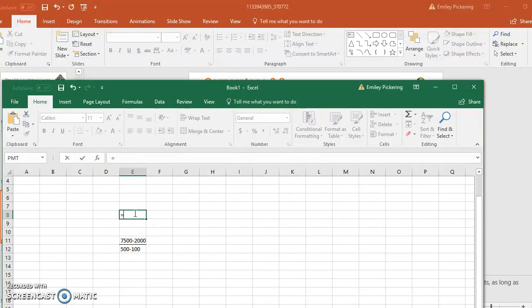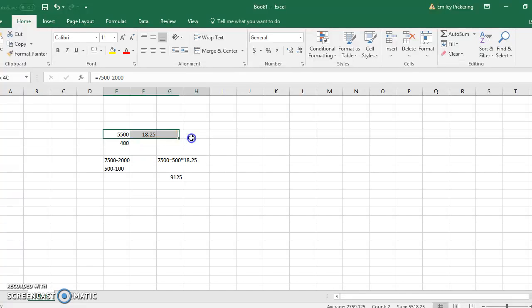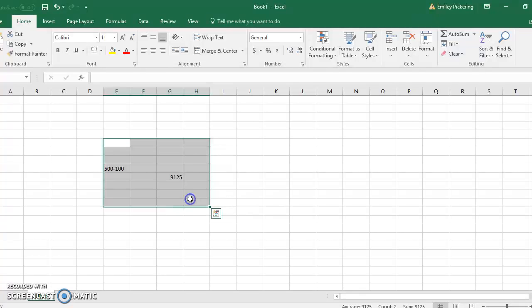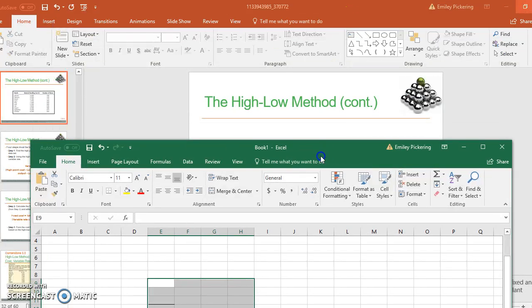So let me see if I can do this in Excel here. Okay, so let's do this formula and we can figure out what our fixed and variable costs are.